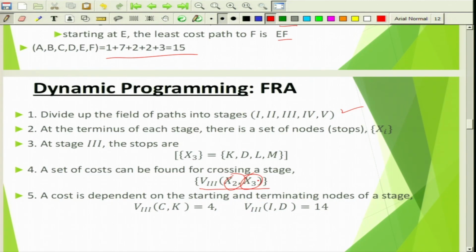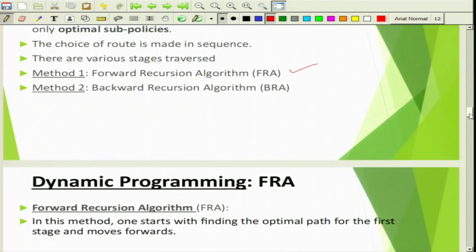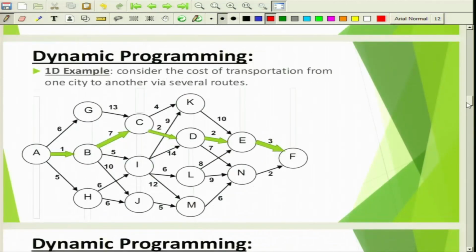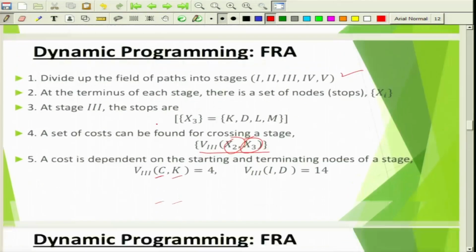That means the cost associated with moving from state C to state K is fixed, na? That is 4. If you see the previous picture, the cost to move from C to K is 4. Similarly from I to D it's 14, right.